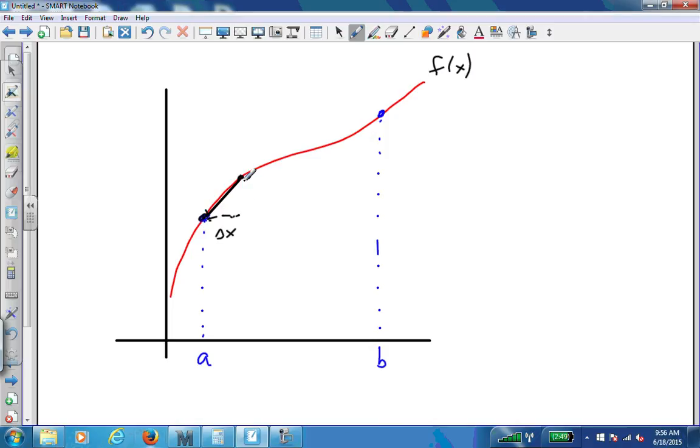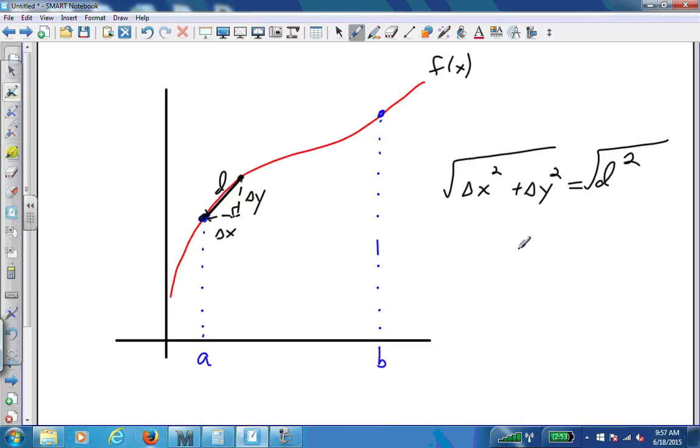So if we know the change in the x and the function, we can also get the change in the y. X and y are perpendicular, so the distance between those two is the change in x squared plus the change in y squared. So that equals that distance squared. So if we want that distance, we take the square root of both sides. So that distance is the square root of delta x squared plus delta y squared.